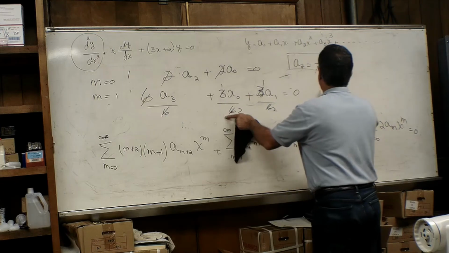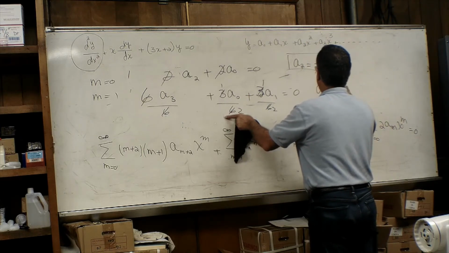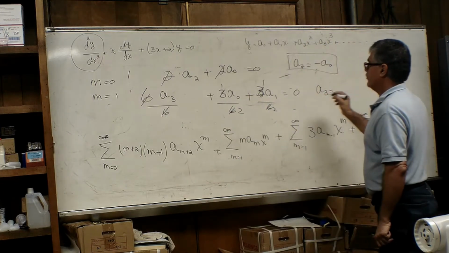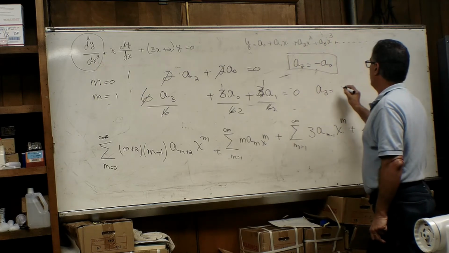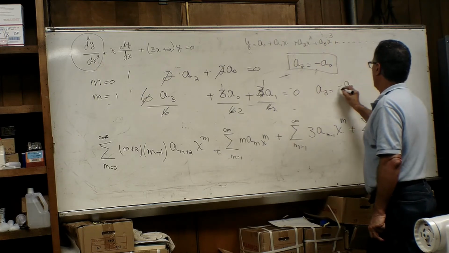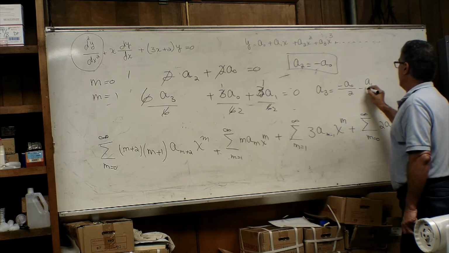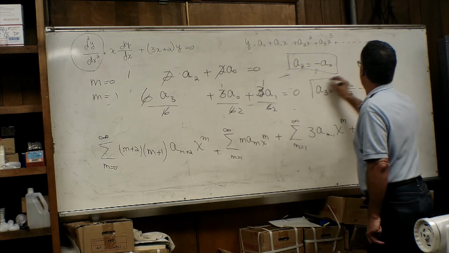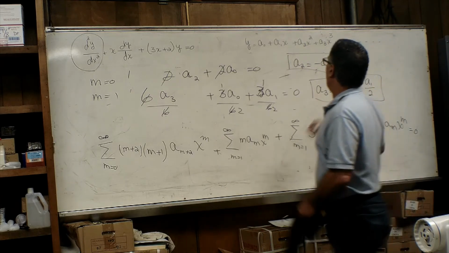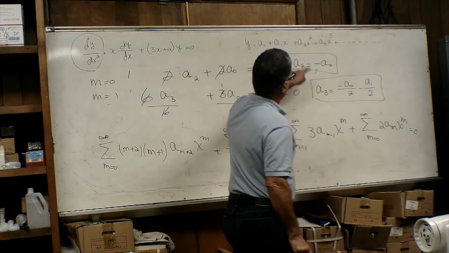So A3 will be equal to minus A0 divided by 2 minus A1 divided by 2. So we also found the value for A3.